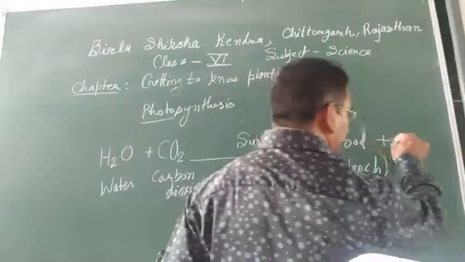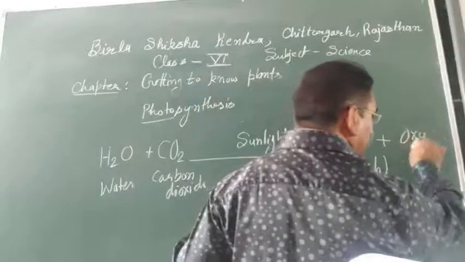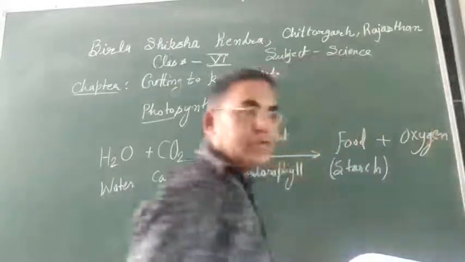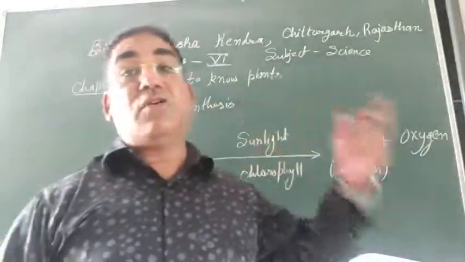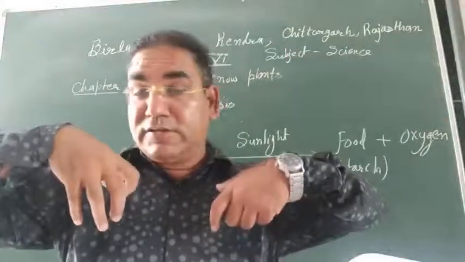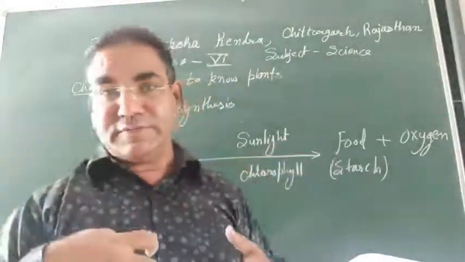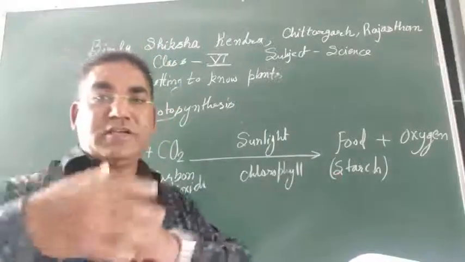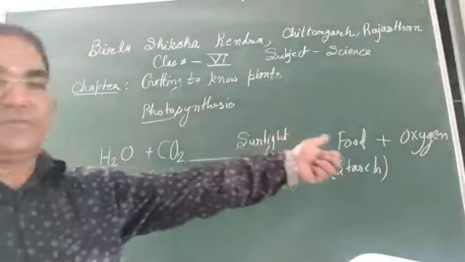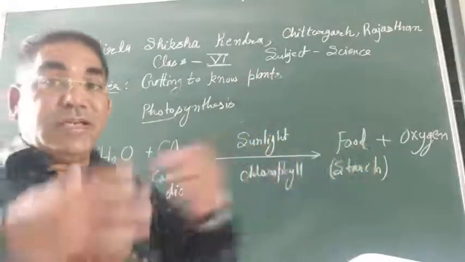साथ में रिलीज होती है, along with the food, the oxygen is liberated. This oxygen is utilized by us for respiration. Got it? In this way, plants take in carbon dioxide and release oxygen.